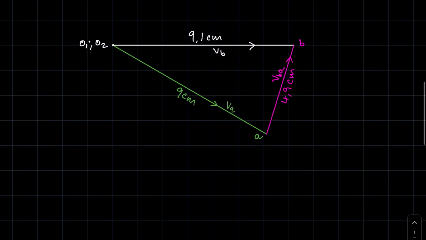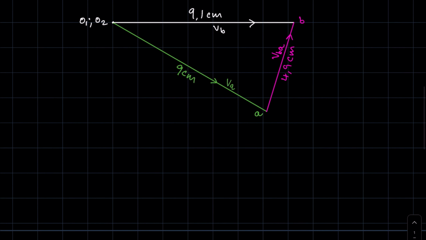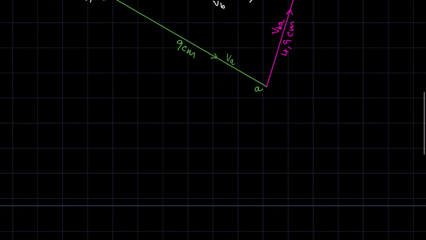I then use small letters on the velocity diagram. So we are looking for AG. This is how you calculate the measurement of AG.